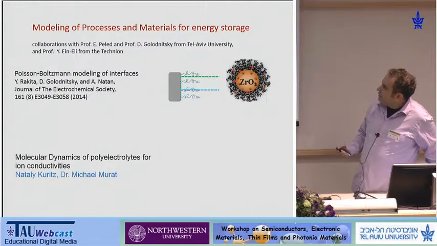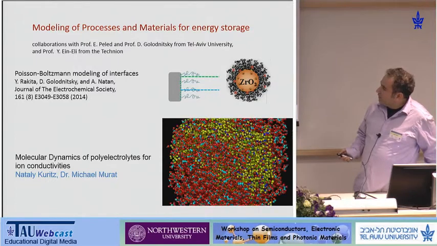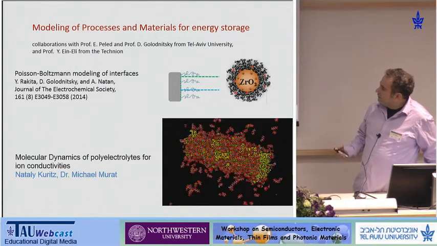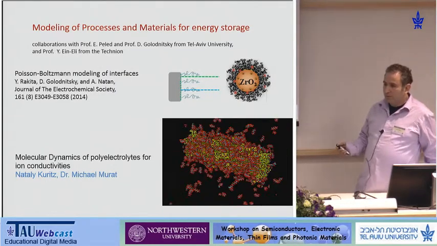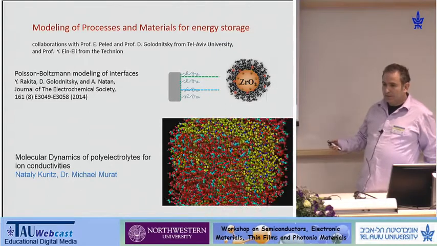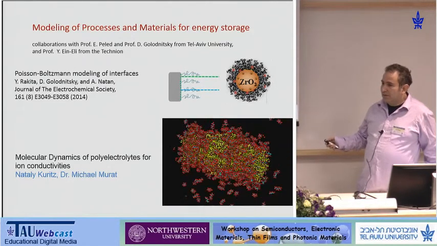And here in this project, we did Poisson-Boltzmann modeling. We now get into molecular dynamics modeling. We actually want to get some properties of polyelectrolyte liquids for batteries, and then go to higher level models.